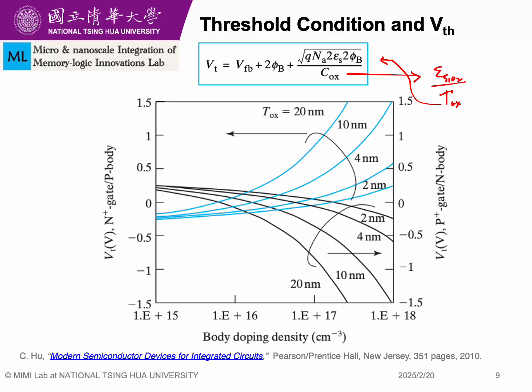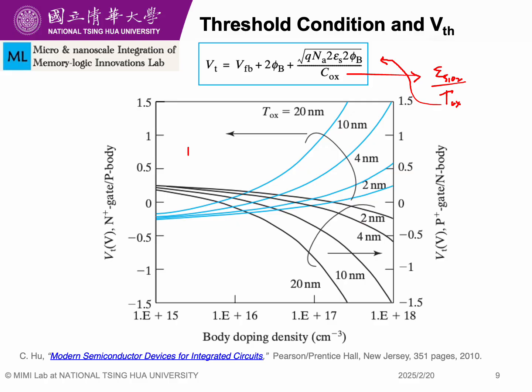That is one strategy, and there is another dependency, the body doping density, but this is under the square root. So you can see that the increase in Vt with this body doping is not that high. Rather, if we increase the TOX, our Vt will increase. So please keep this in mind: when you are designing something for low voltage operation, you want your devices to be turned on and off easily, so you have to reduce the TOX.